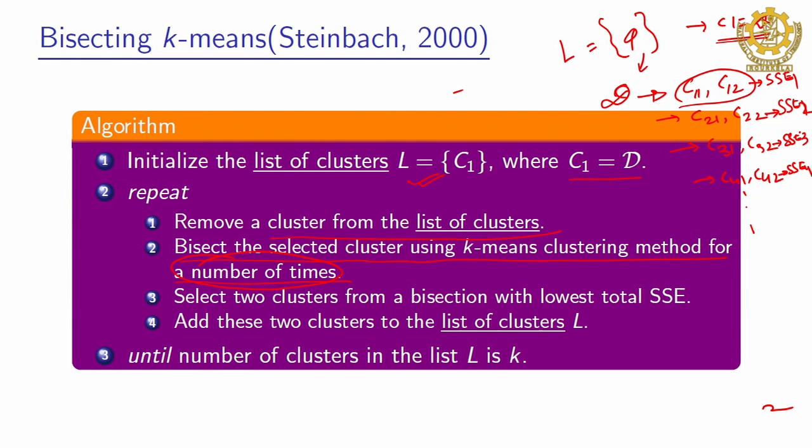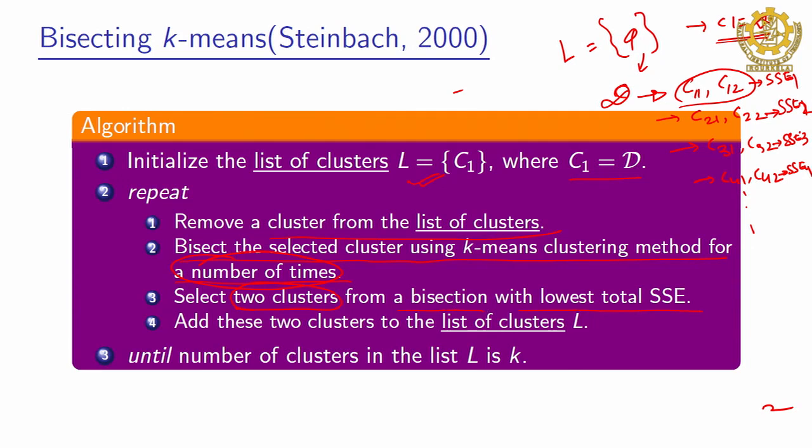You choose the clustering, not cluster, whose SSE value is minimum among the clusterings. Select the 2 clusters from a bisection with the lowest total SSE.